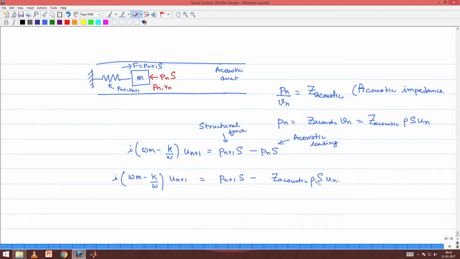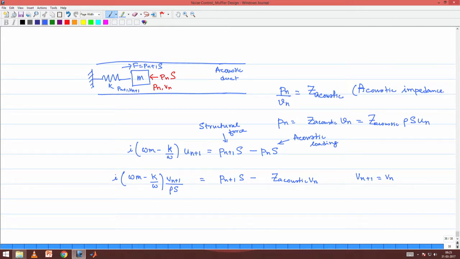Or maybe I will put this as V n, and I will change the u n plus 1 to V n plus 1 divided by rho S, right. Also, we have that V n plus 1 is equal to V n, because the left side of the mass and the right side of the mass should have the same velocities anyway.